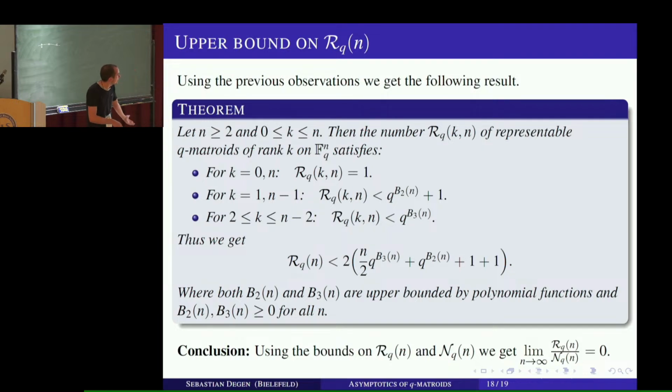So we actually succeeded with our second task, which means in conclusion that we can prove our theorem. Since we have something exponential over something double exponential, this limit vanishes as n goes to infinity, and therefore proves our theorem. And yeah, that's it.